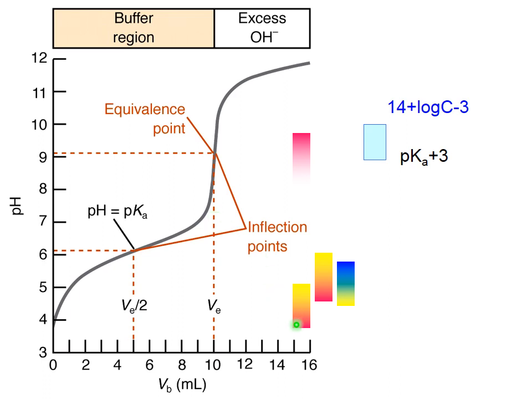As a result, if you use the wrong indicators, like this group, you'll stop at a pH that is far away from the equivalence point. You need to pick the proper indicator, like phenolphthalein in this case, and yes, your error will still be acceptable and less than 0.1%.